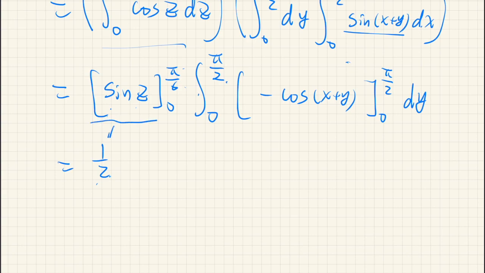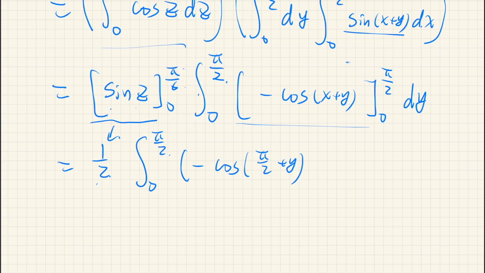So this part is just this. And for this part, when x is pi over 2, we have negative cosine of pi over 2 plus y, minus, here's minus, so that's positive, and y.